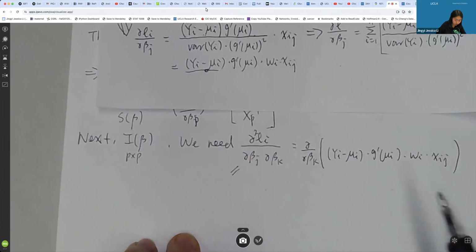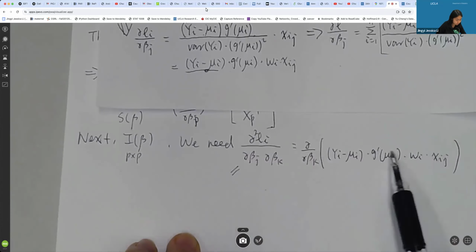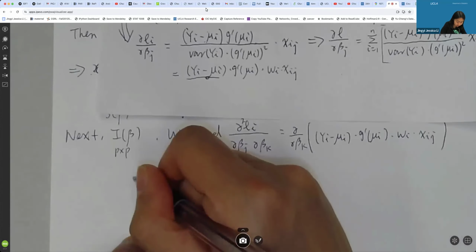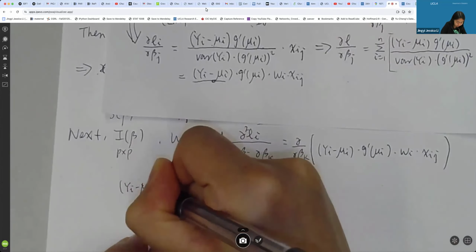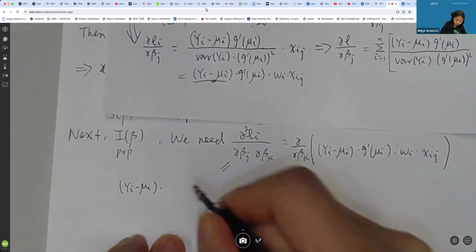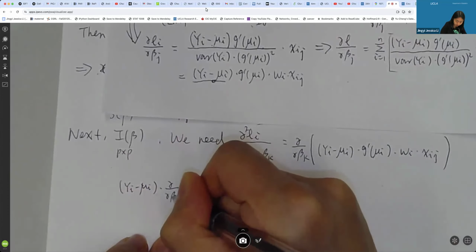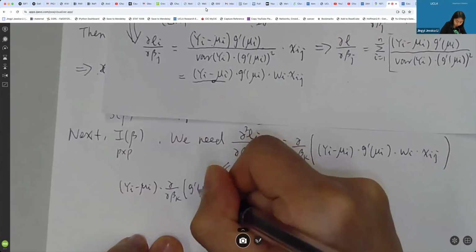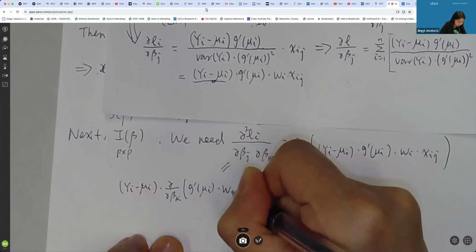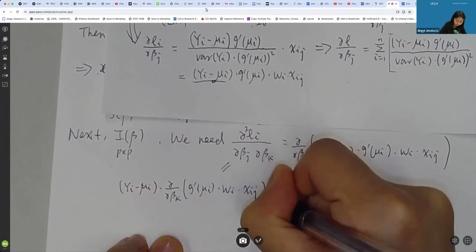We first put the derivative on the second part, keep the first term as is: yi minus mu i, partial beta k of g prime mu i times wi xij.